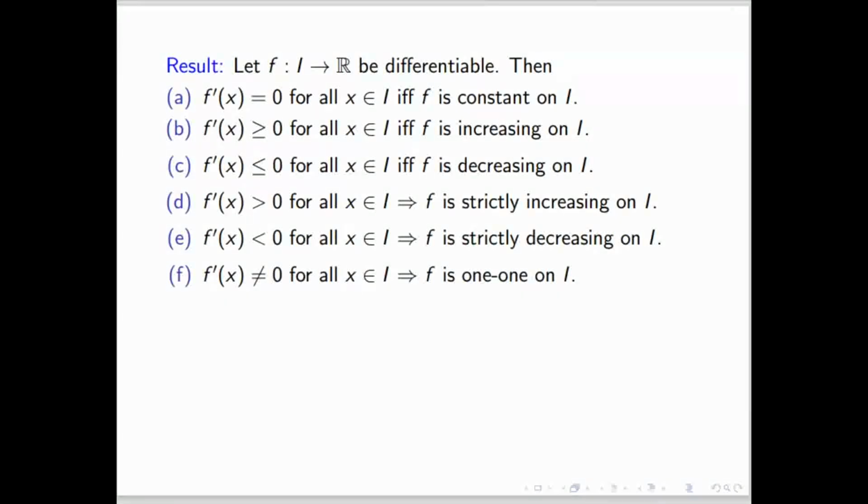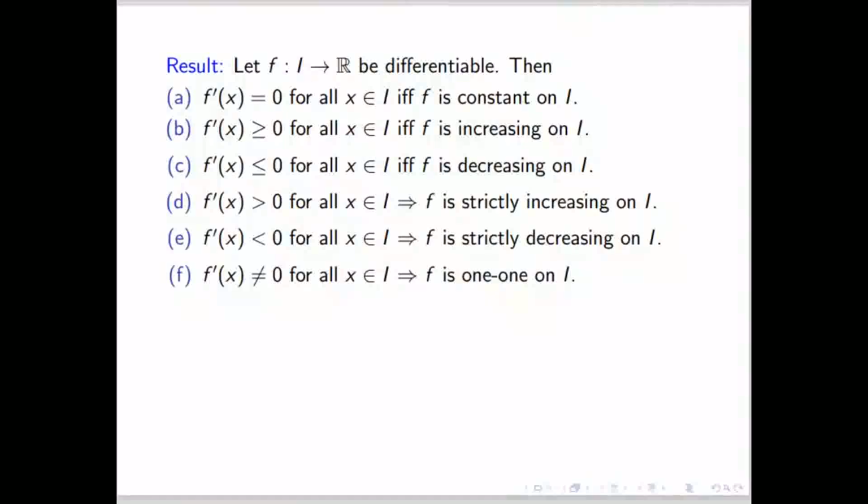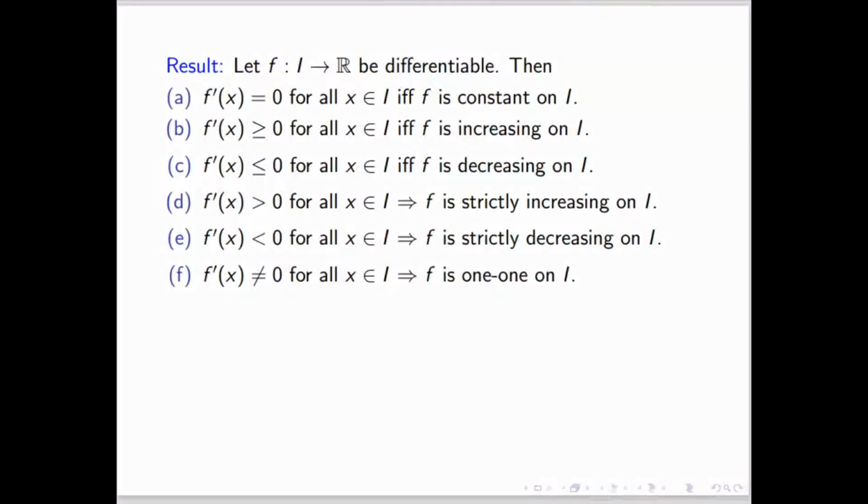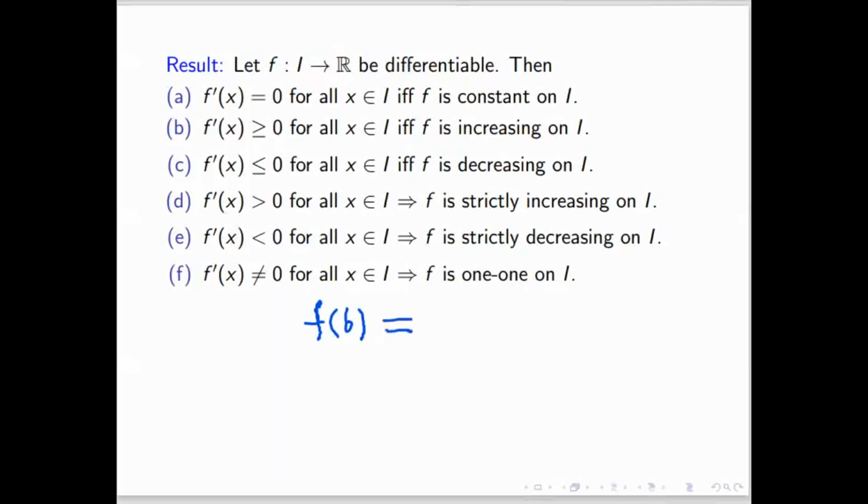So how to show any function is 1-1? Suppose f(b) equal to f(a), and if the function is 1-1, then what can we say about a and b? A equal to b. So if elements are the same, their image will also be the same.